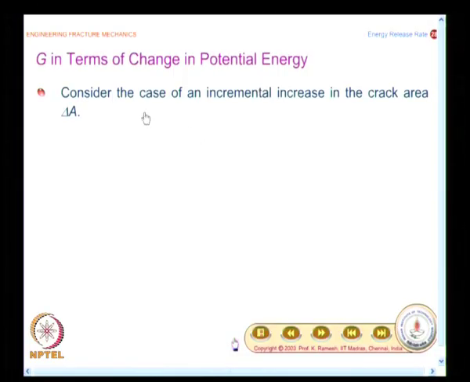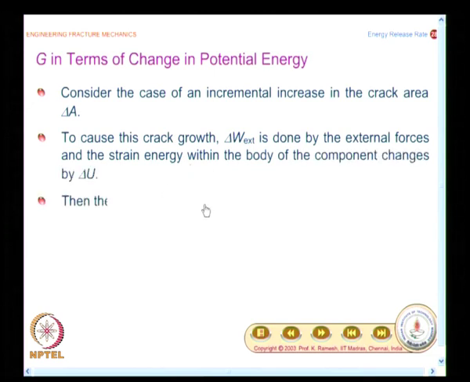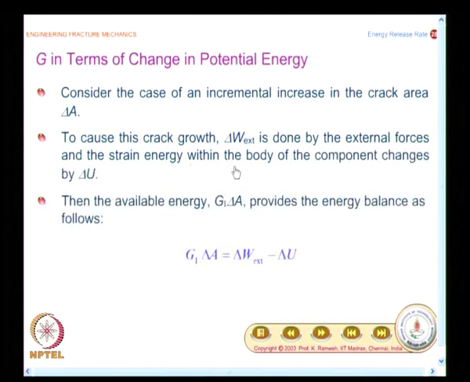If you look at the examples that we have taken for illustrating constant load and constant displacement, we had the double cantilever beam specimen that had a single crack, only one crack tip was available. Either it could be of that category or a plate with an edge crack. And what we would look at is, the crack has an incremental increase in area, given by delta A, and we want to find out how this could be related to the work done or strain energy and the energy release rate.